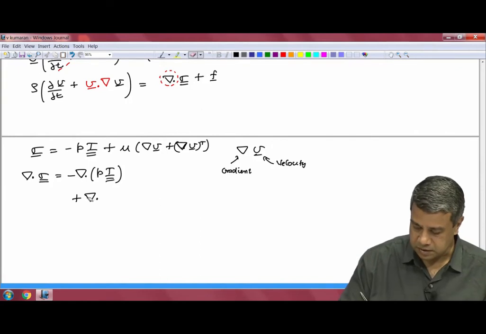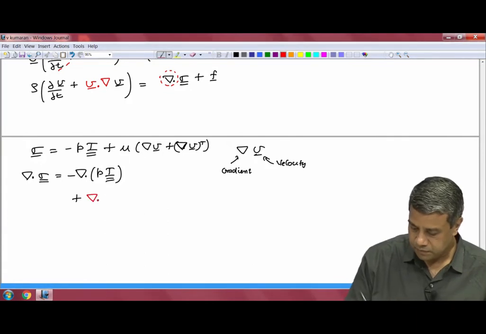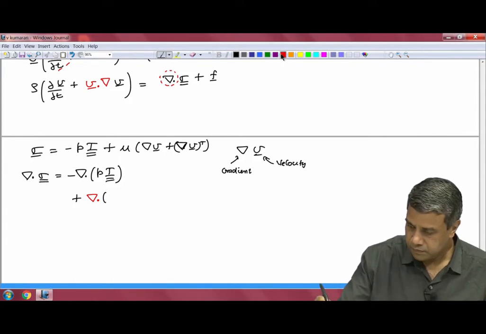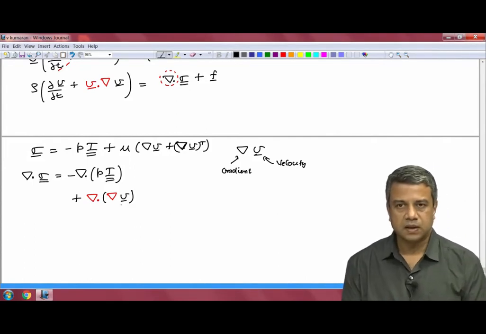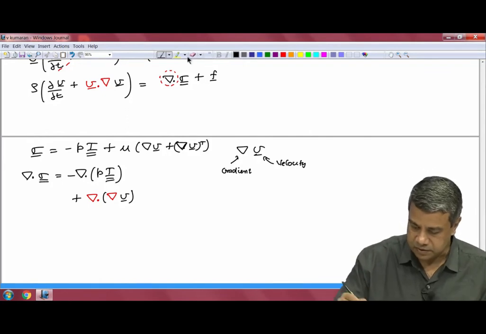Let me use colors to make the dot product clear. That is the divergence of the second term. I have missed out the viscosity here.